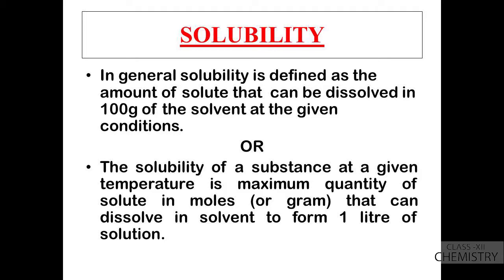The given condition may be either temperature, pressure, etc. Or in other words, the solubility of a substance at a given temperature is the maximum quantity of solute in moles or gram that can be dissolved in solvent to form 1 liter of the solution. These two are the basic definitions to explain the term solubility.